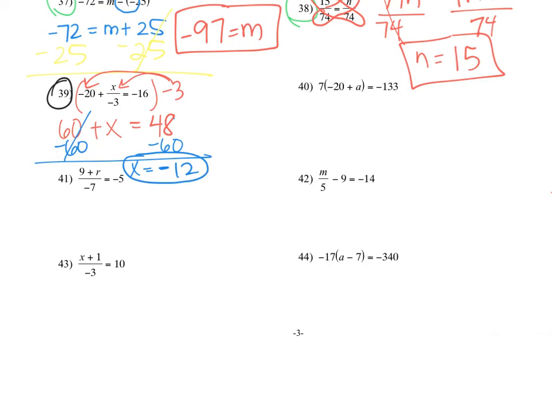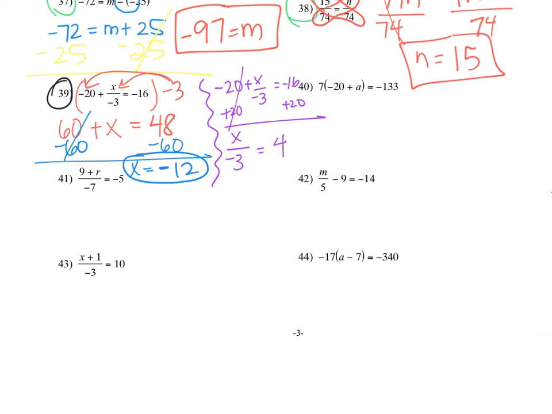You don't have to actually do it that way. I'm going to show you a different way for number 39 still. You could have added 20 to both sides, so let me just rewrite this. X over negative 3 equals negative 16. So I could have added 20 to both sides, and that would have canceled, so I would have got x over negative 3 equals, and that would have been 4.